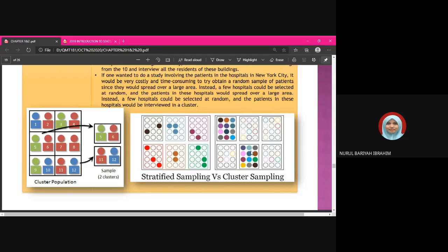We can use either SRS technique ataupun systematic sampling technique. Okay, sama macam sebelum lah. Cara randomly, whether using the systematic ataupun using the SRS technique. You know how the process, how to select the sample using these two techniques. Okay.